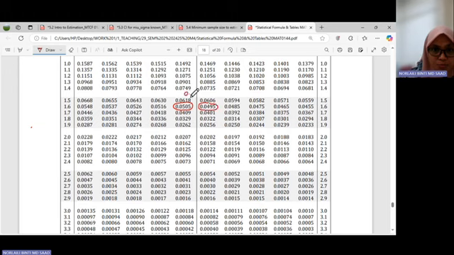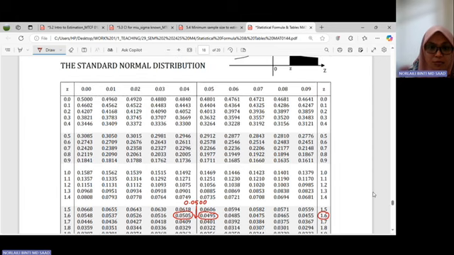We want to find 0.0500. The area given is 5%. So we want to find what the Z value is here. The Z value, which is between this area, is 1.64 plus 1.65, and then divide by 2. Therefore, the Z value for area 0.05 is equal to 1.64 plus 1.65 divided by 2. Then you get 1.645.